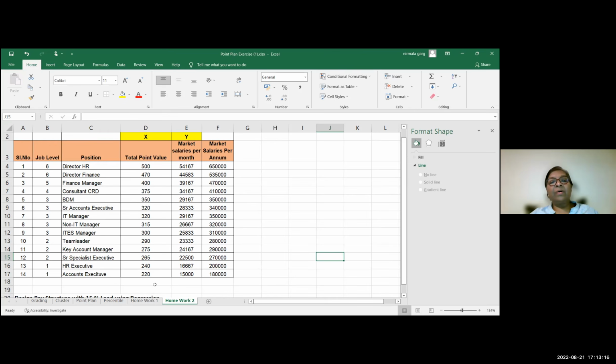This is X. Now, this is market data per month. Don't take salaries per annum, but take market data per month. Nothing but salaries per annum divided by 12 gives you market data per month. This is the Y column data.